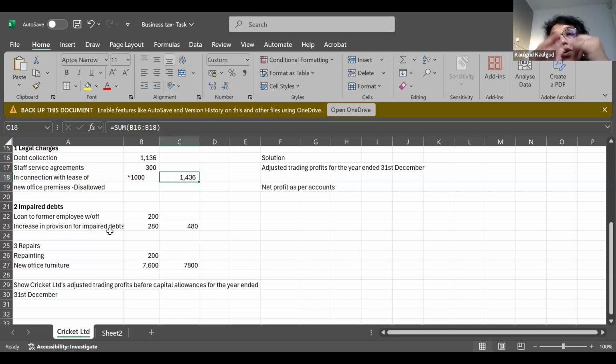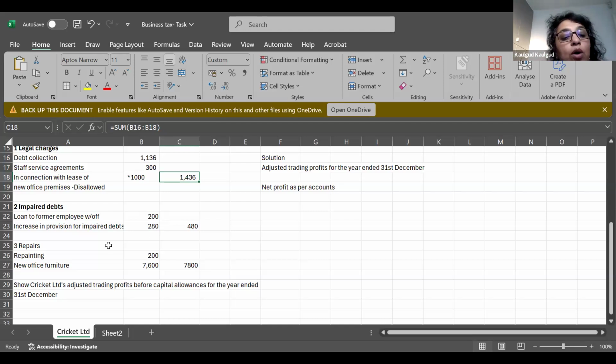There is a general provision and a specific provision, which you have learned before. If it is a specific provision, it is allowed. If it is a general provision, it is not allowed. But here they have not told us, so it is just for impaired debts. This we can leave, it is classed as an allowed expenditure.